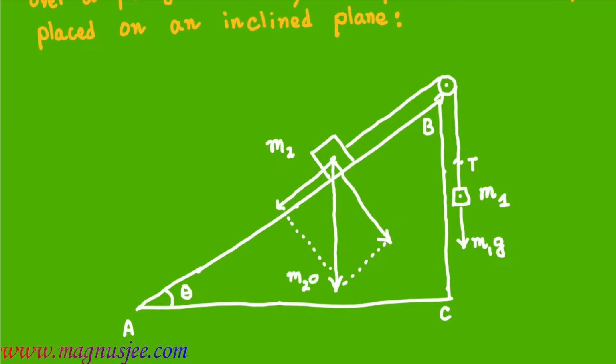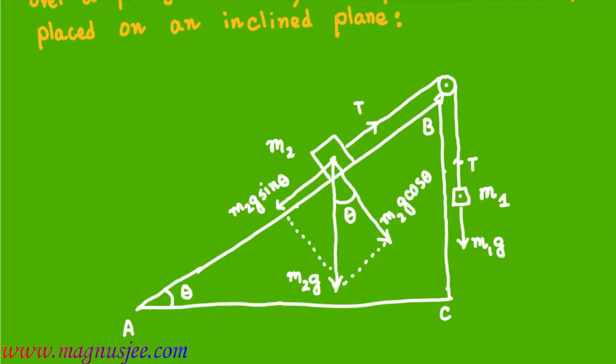Weight of this body which is placed on the inclined plane is m2g, which is acting vertically downwards, and rectangular components of this weight m2g are m2g cos theta, which is perpendicular to the inclined plane AB, and m2g sin theta, which is another rectangular component of m2g and acts parallel to the inclined plane AB.